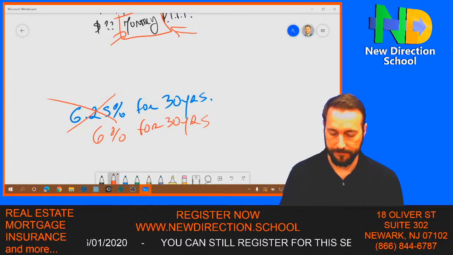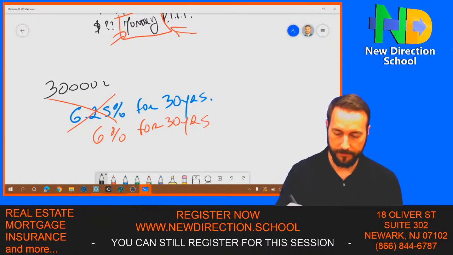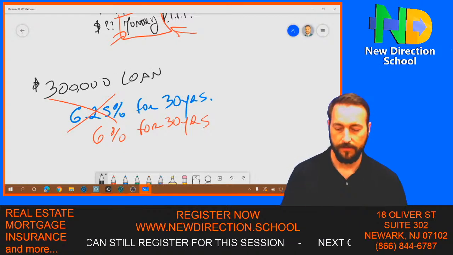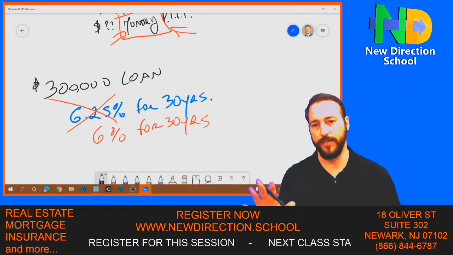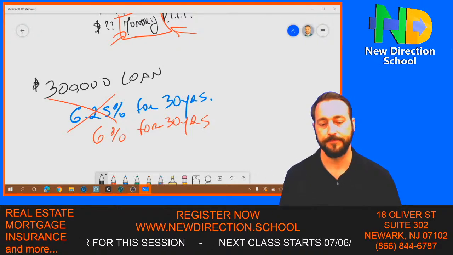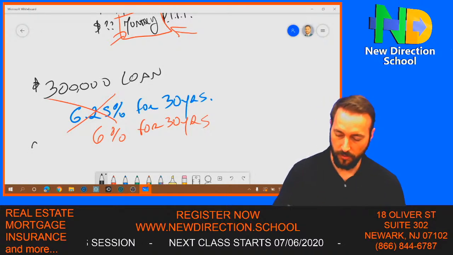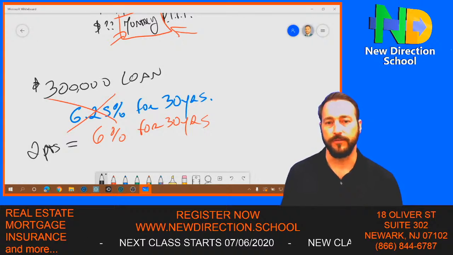So let's look at it. If I borrowed $300,000, this is the loan amount, right? And if you go to the chart, you don't have to go right now, but you're going to see the difference between 1/4%. So if they're asking you for 2 points, how much is it?